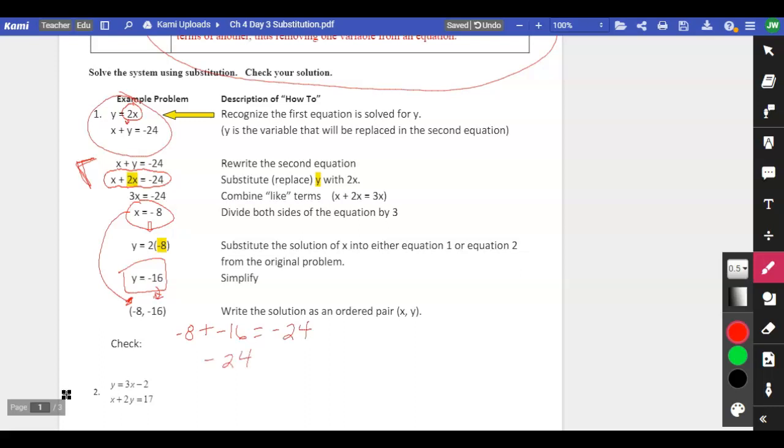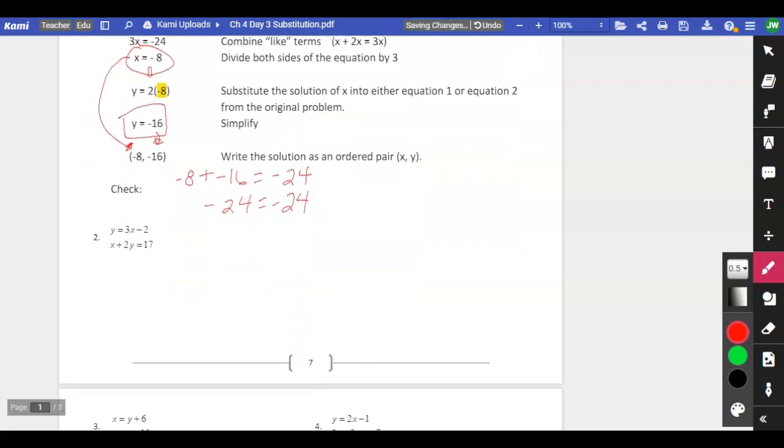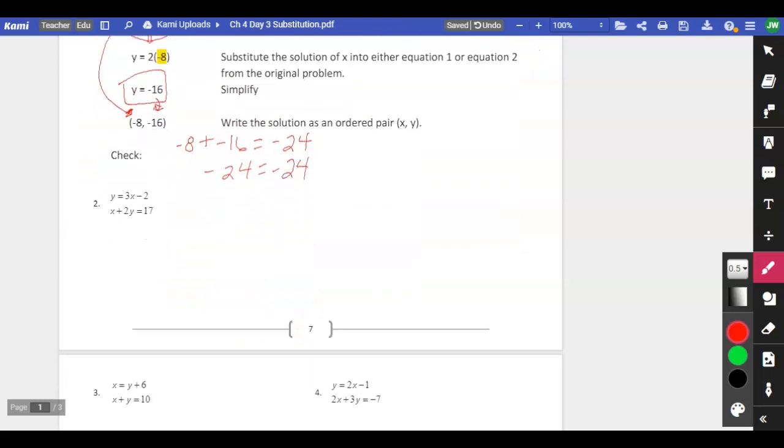Well, that checks. Negative 24 does equal negative 24. That was just using this equation up here. That one's one of the more basic ones.